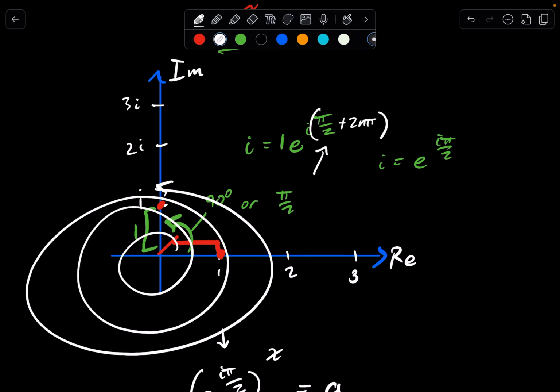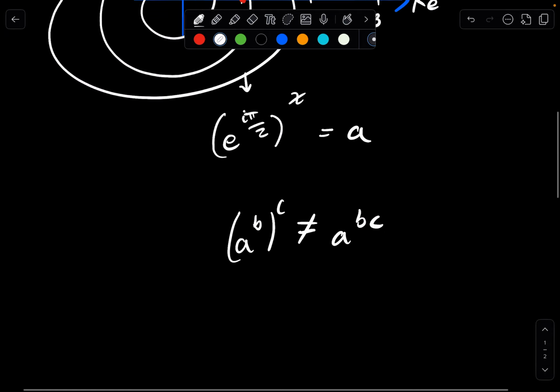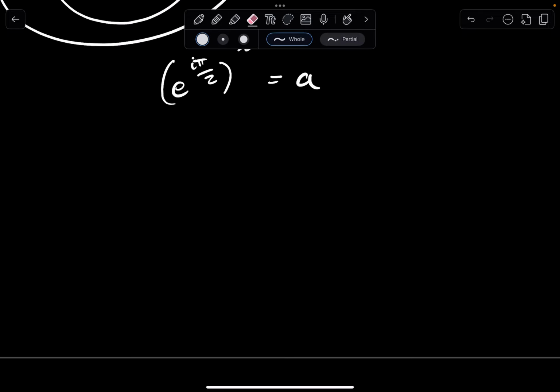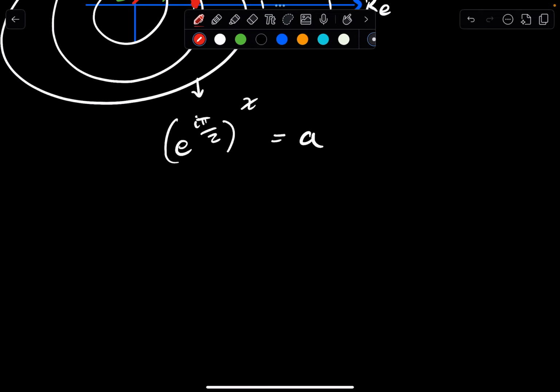That's how I would describe this angle. But since we're dealing with the main or principal definition of i, that's what i is. So if you're getting a little confused, don't worry. We're just saying that we can multiply exponents right here because this is the basic or principal definition of i. That's all. So now we have e to the i pi over 2 x equals a.